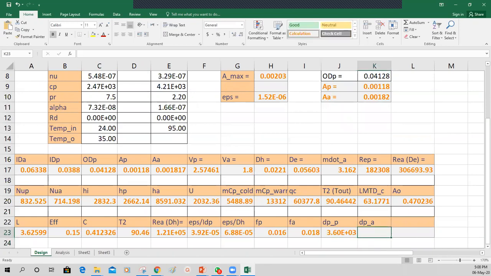And for the annulus, it is 6.193 kilopascal.